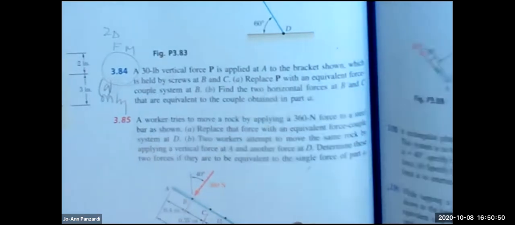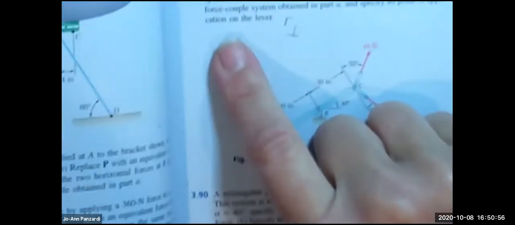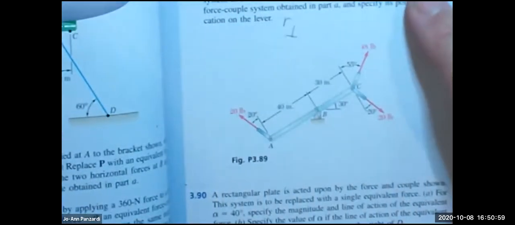Okay, next problem, 89. So now we're on Edgar. Three control rods attached to lever ABC. Let's look at the picture first. It's a rod with some other pieces off it.